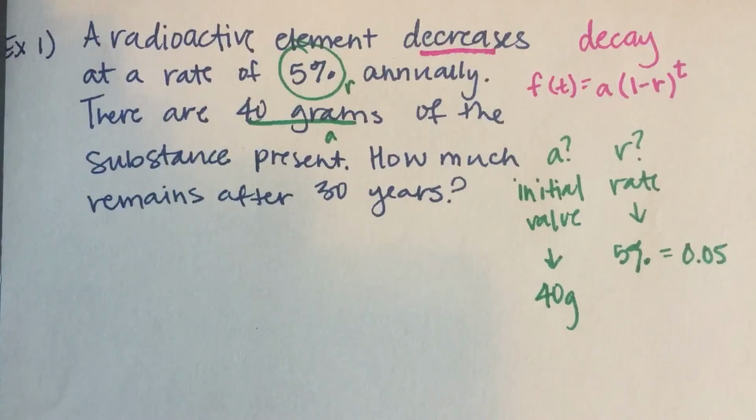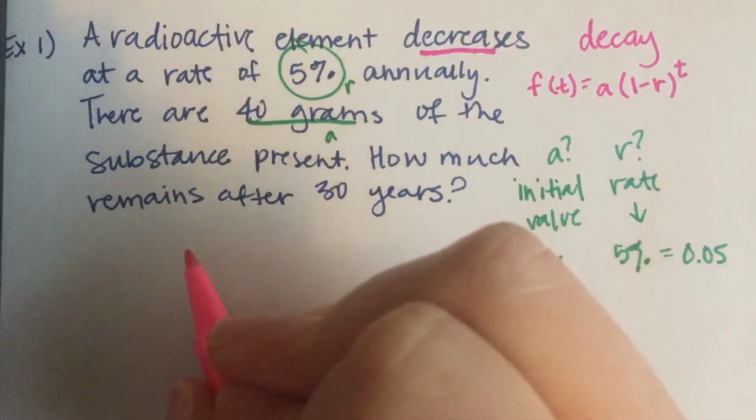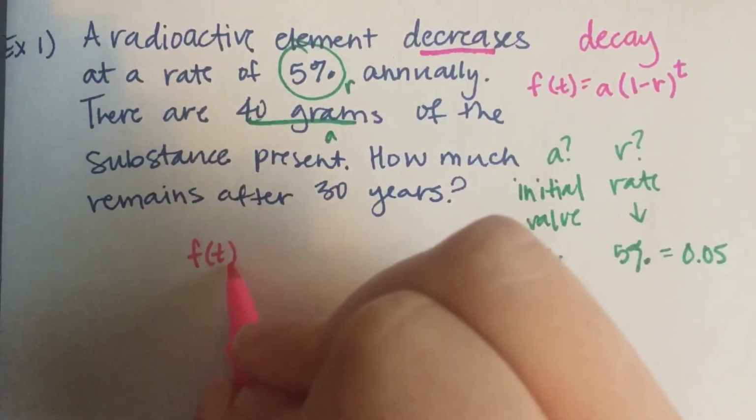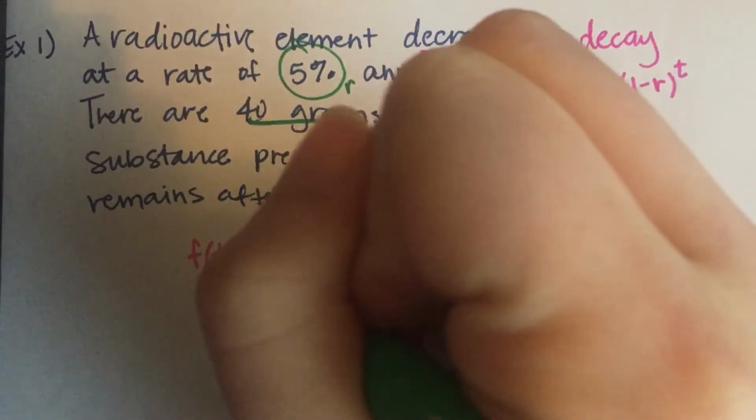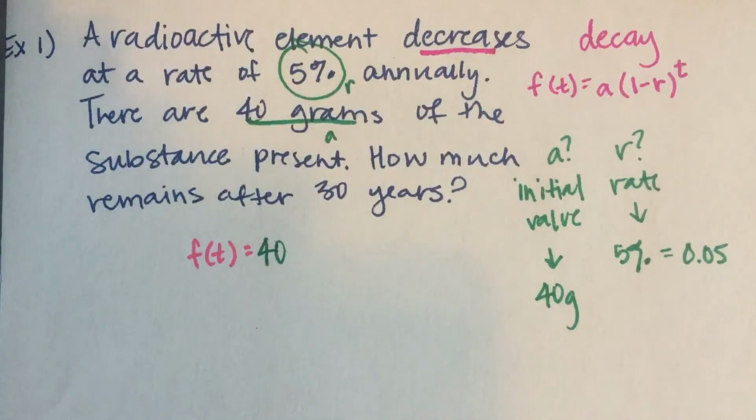And once we've identified our a and our r values, we can rewrite our equation substituting in for a and r. So if we want to rewrite this rule, we're going to have f of t is equal to our initial value of 40 grams times 1 minus our rate.